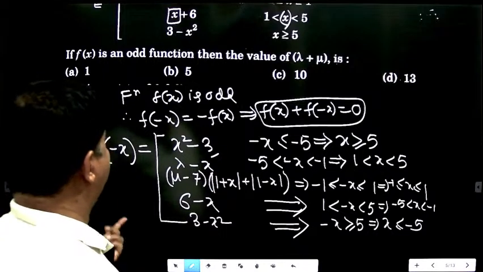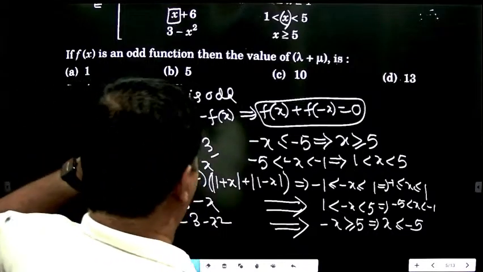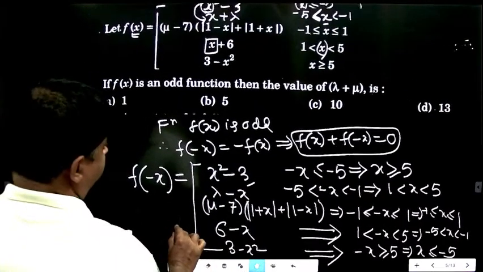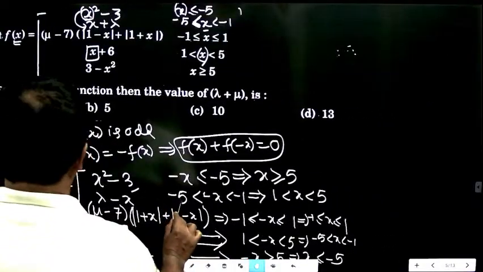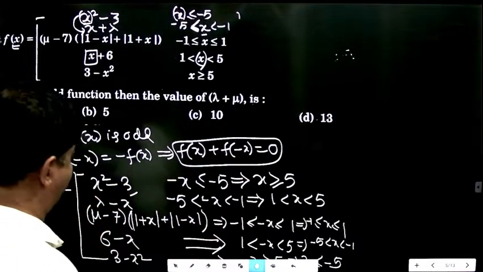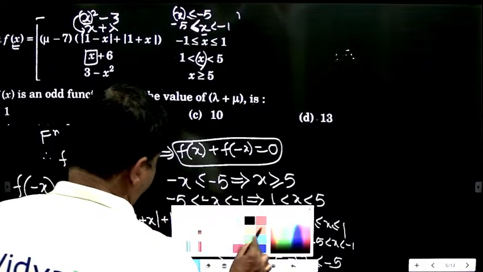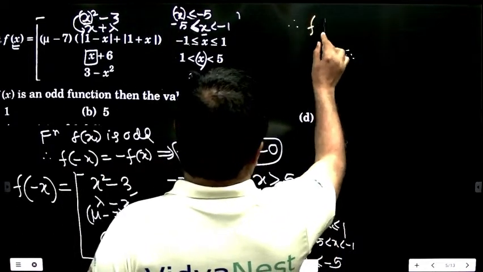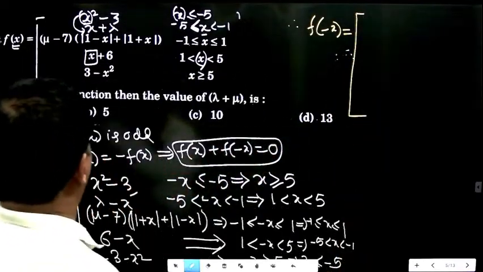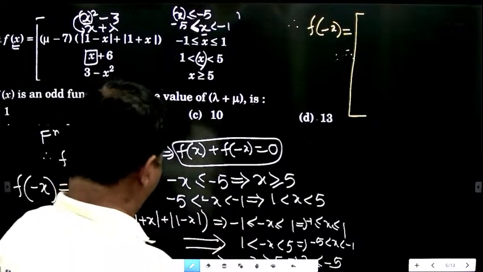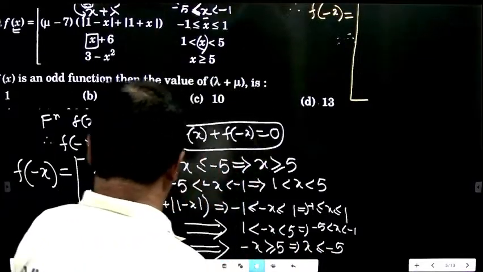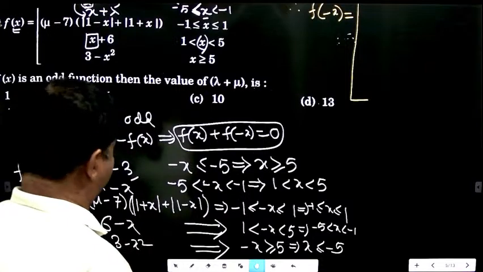So now we'll do what? In a short span, I rewrite that expression here. Therefore, f of minus x. See, when x is less than or equal to minus 1, f of minus x is what? 3 minus x square.